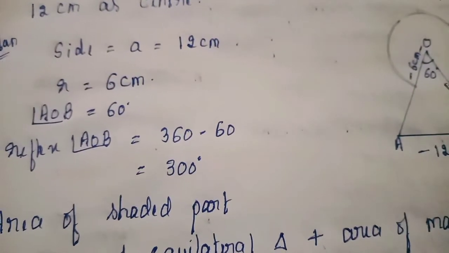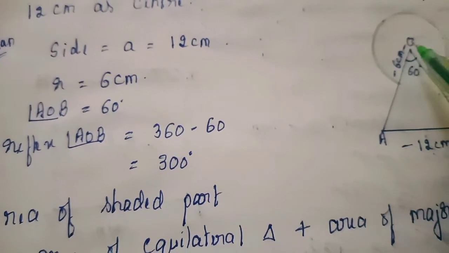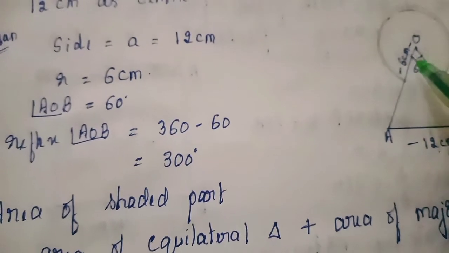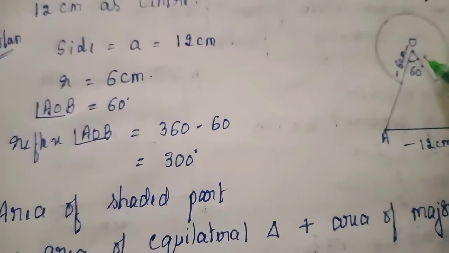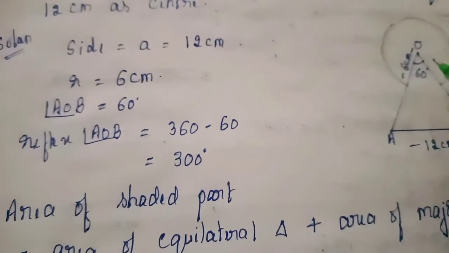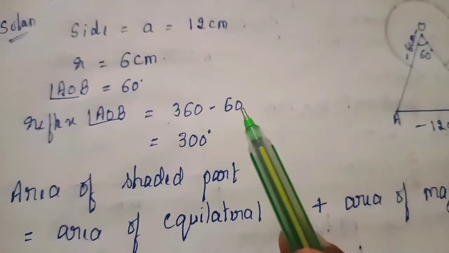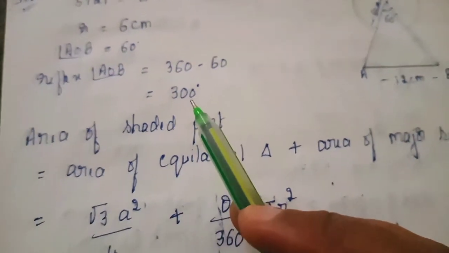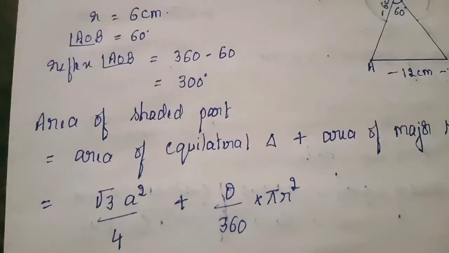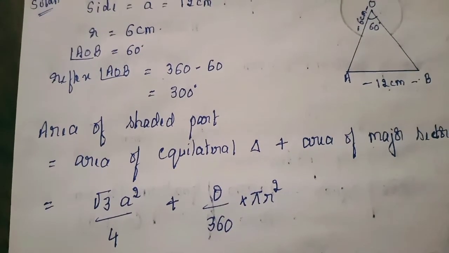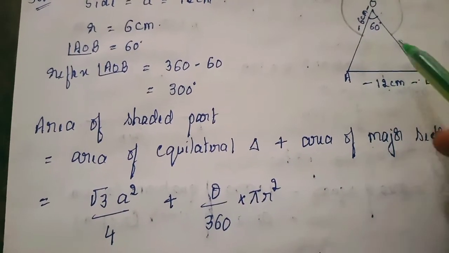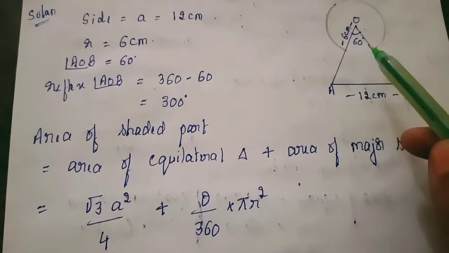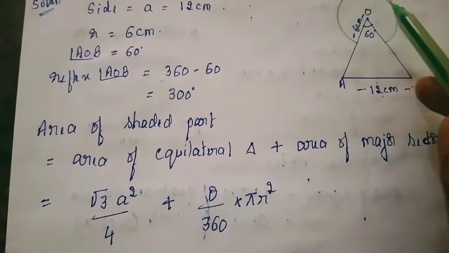And let me find the reflex of angle AOB, because this reflex of AOB becomes the angle for the major sector. So that is 360 minus 60, 300 degrees. Now area of shaded region equals area of the equilateral triangle plus area of the major sector.